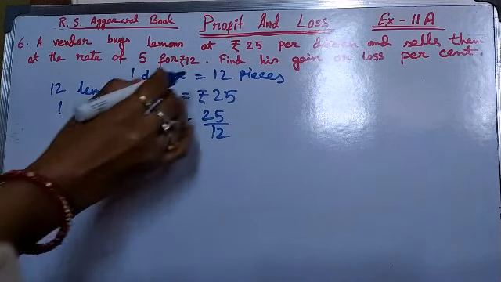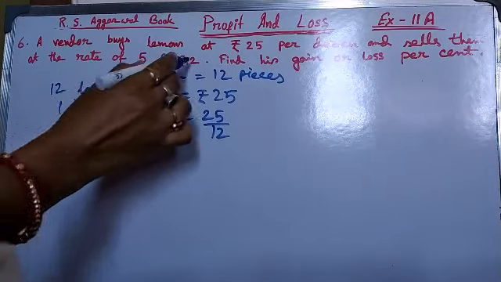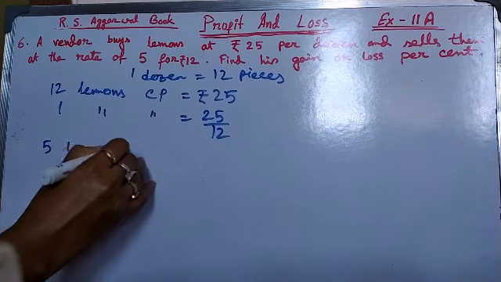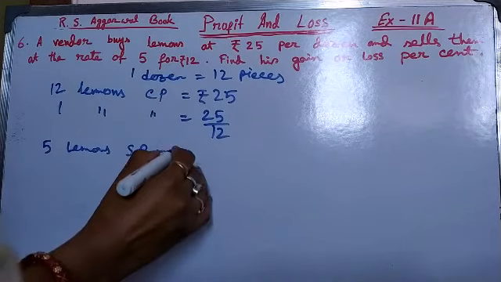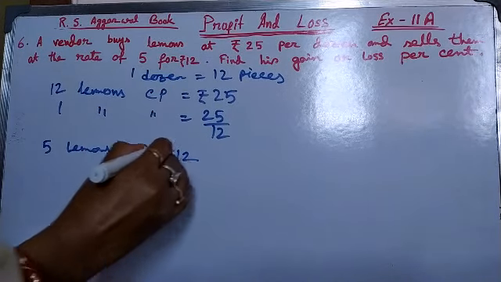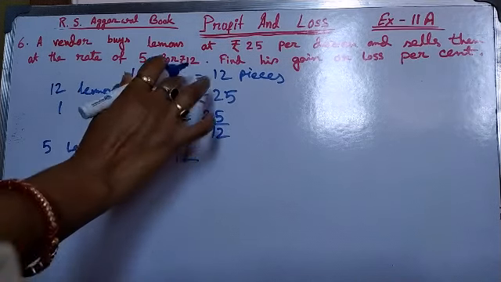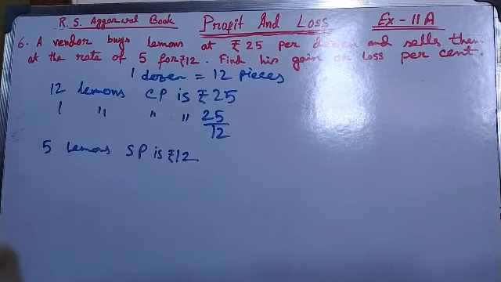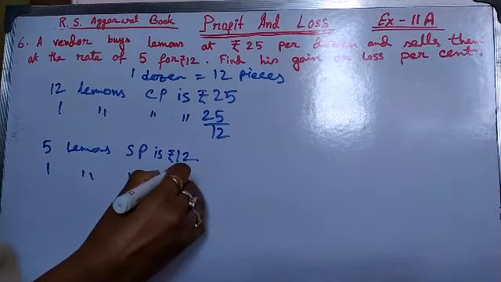Then here he sells them at the rate of 5 for 12. That means for 5 lemons the SP, selling price, is rupees 12. Then 1 lemon's SP is 12 by 5.